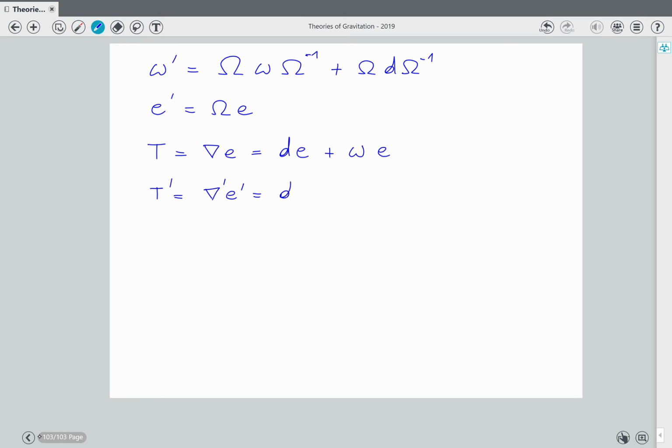And so T prime, we could write it D prime E prime, but what is it? We just replace primes everywhere. There is no prime in the differential because there is no change of basis that concerns D, it has no indices A or B. But there is a prime on E and there is a prime on omega. So let's replace.